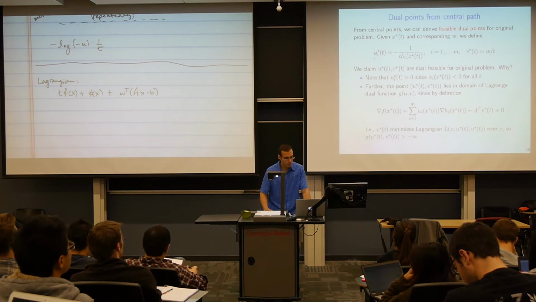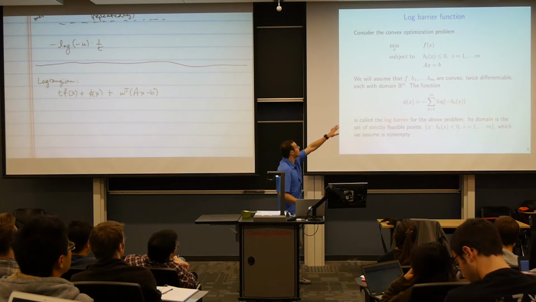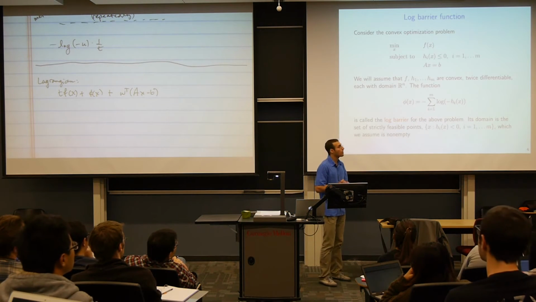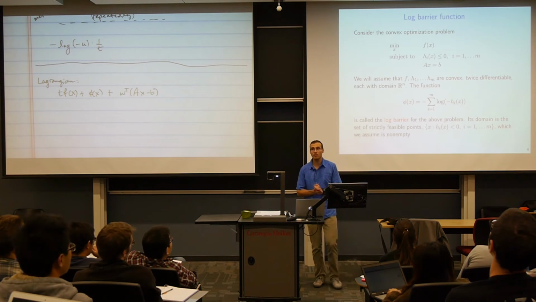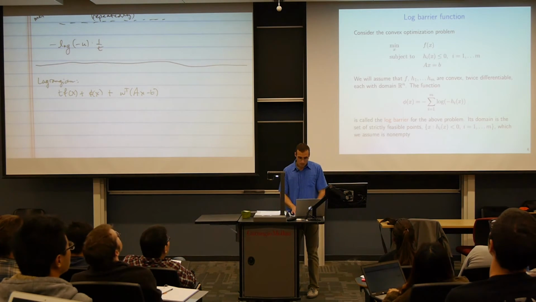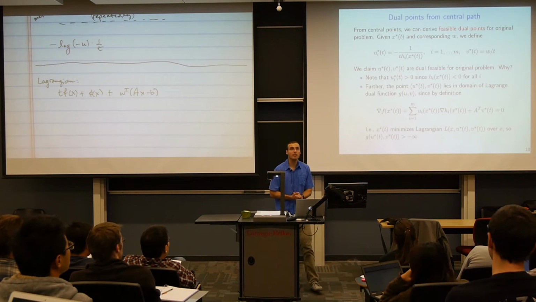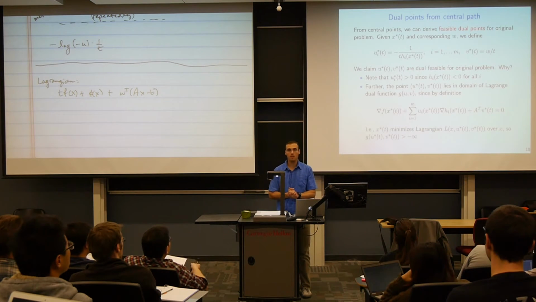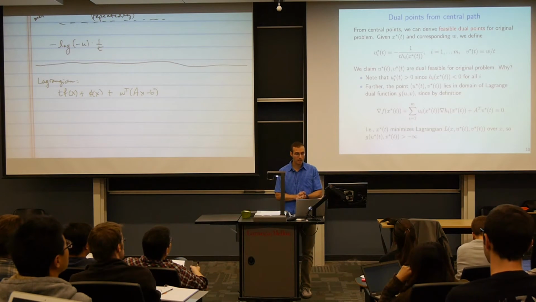So let me remind ourselves, this was our original problem. To get dual variables for this problem, I need a u_i for every inequality constraint and a v_i for every equality constraint. How am I going to define those from a solution on the central path? I can define u_i to be minus 1 over t times the achieved value of the criterion in the ith function, h_i of x.